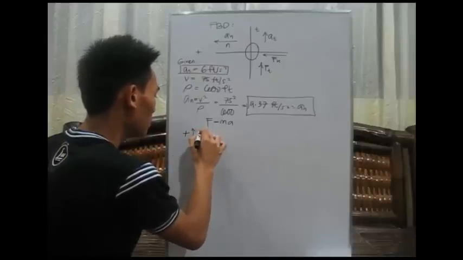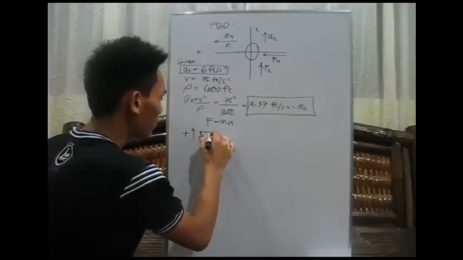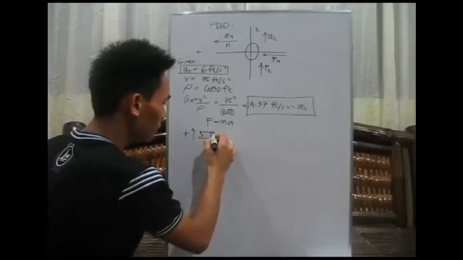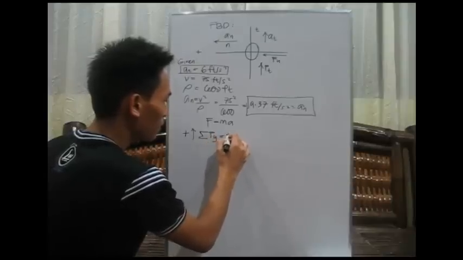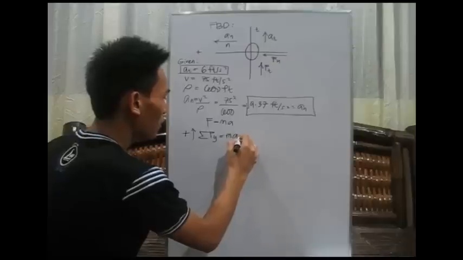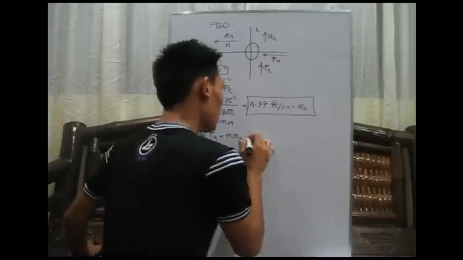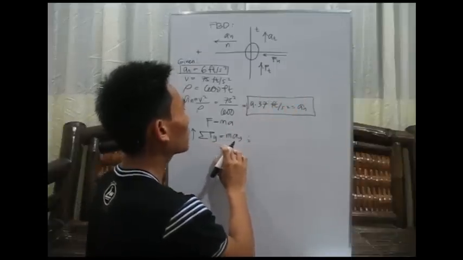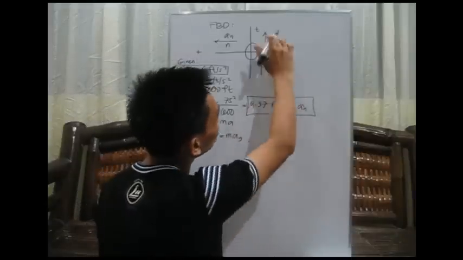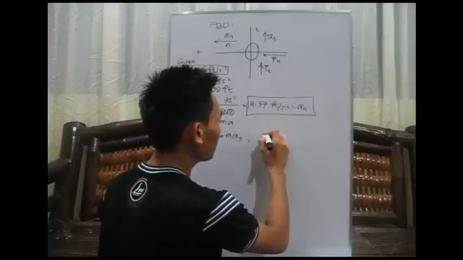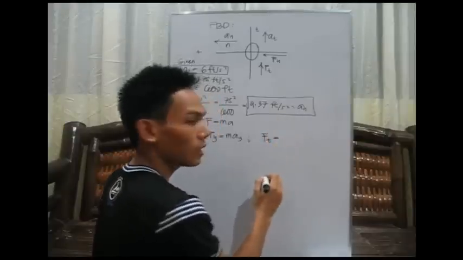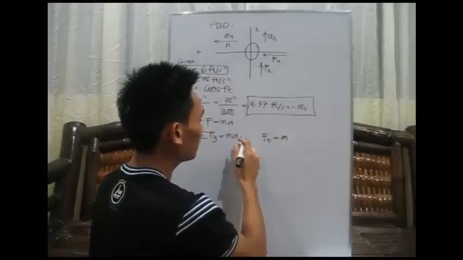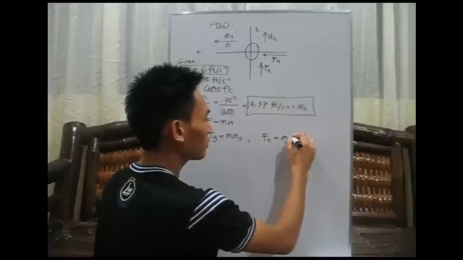So the summation of force in y equals m a y. Since the only force acting in y is Ft, we just put Ft equals m times a y, which is at.